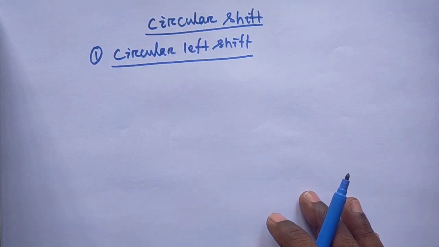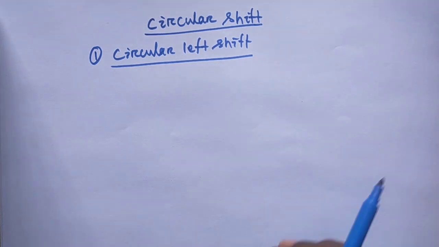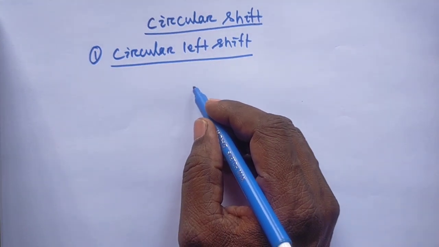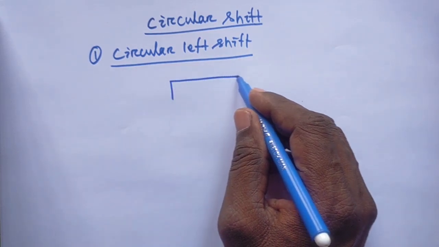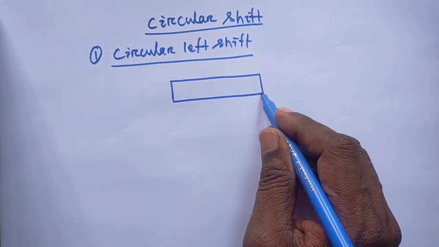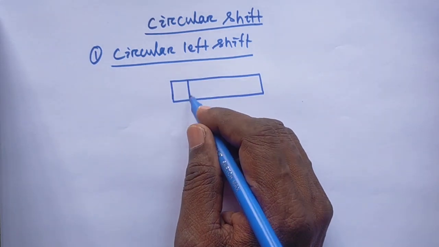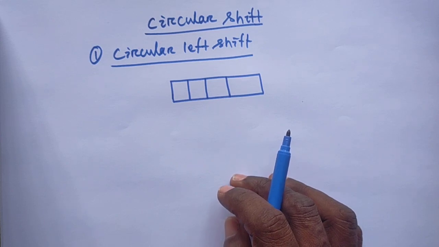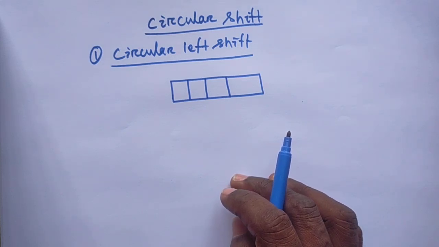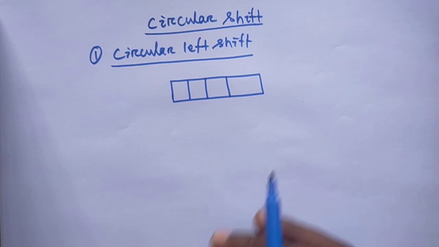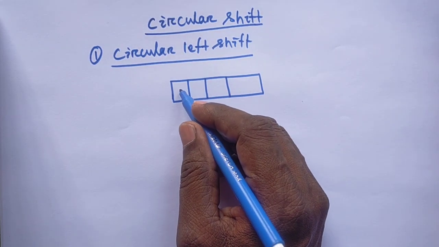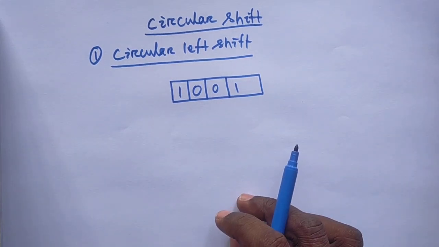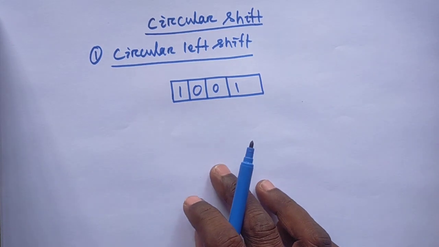Take an example. Previously we discussed data of any number of bits, maybe 4 bit, 8 bit or others. Let us consider 4-bit data, any 4-bit data, it doesn't matter, suppose 1001 for example, then we apply left shift.